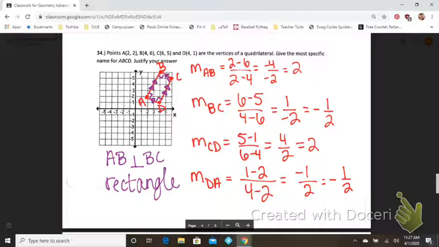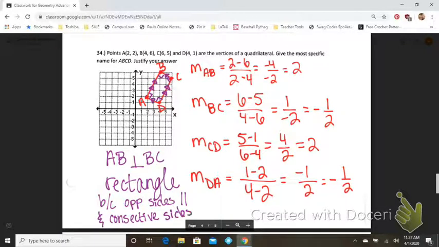So rectangle because opposite sides are parallel, which we can see from the slopes. And you could say consecutive sides are perpendicular, or just that you have perpendicular lines so it forms right angles.